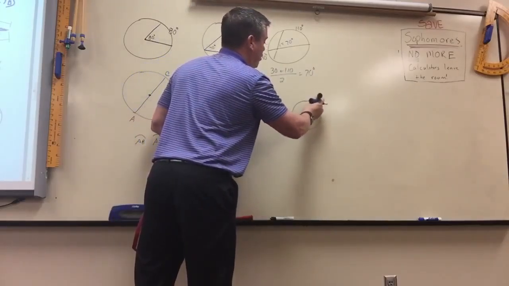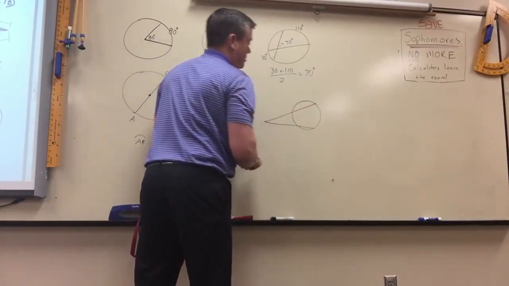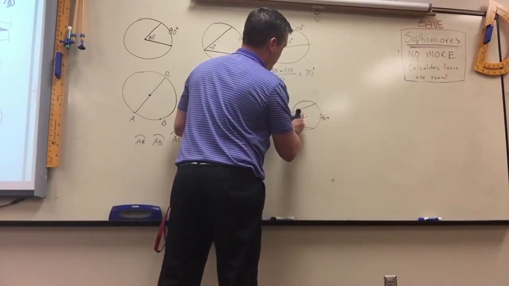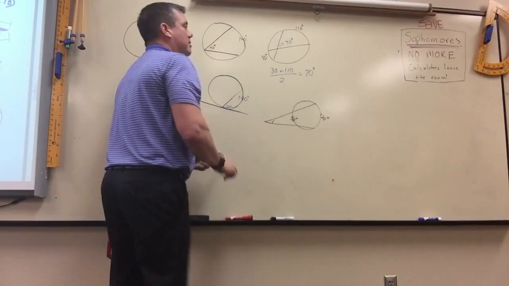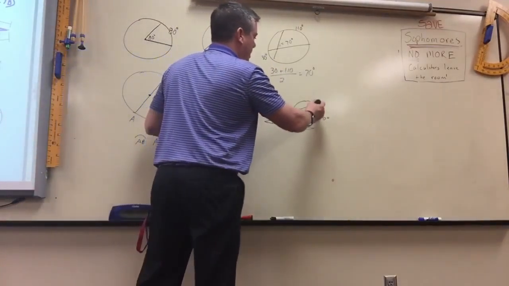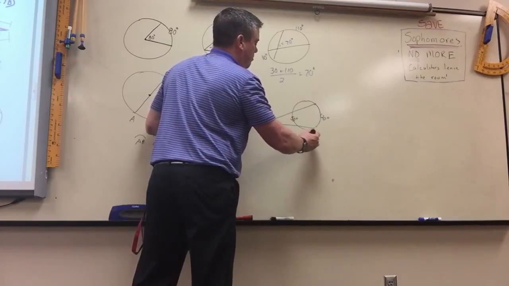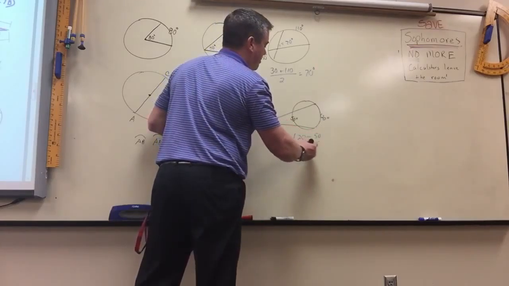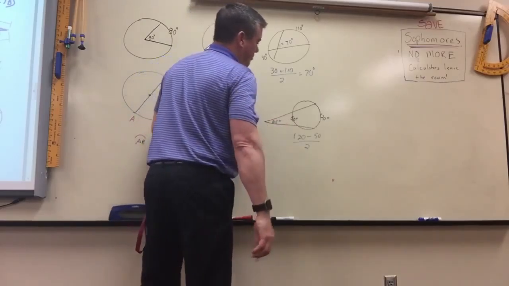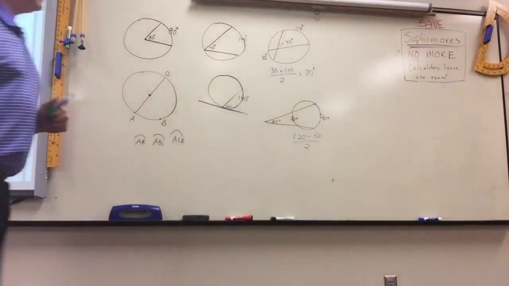If it is formed outside, then it's similar to this, it's just you don't add them, you subtract them. It's the arc minus the arc divided by 2, so that would be 35. I think that's all the angles.